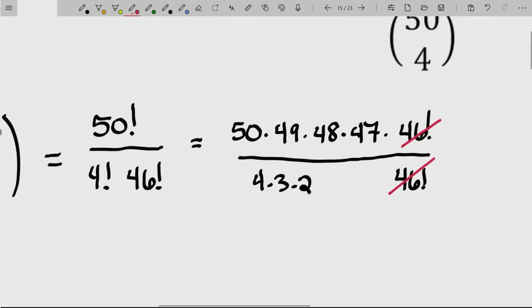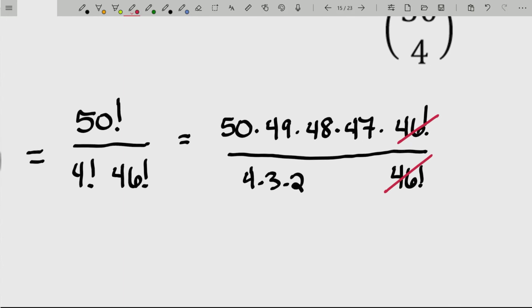And at this point, I just start going through and finding things that go into numbers, right? 4 goes into 48 12 times, and then 2 goes into 12 6 times, and 3 goes into 6 2 times. I mean, that's probably the easiest way to do that. And everybody knows that 2 times 50 is 100, and that 49 times 47 is 2303, because everybody totally knows that.